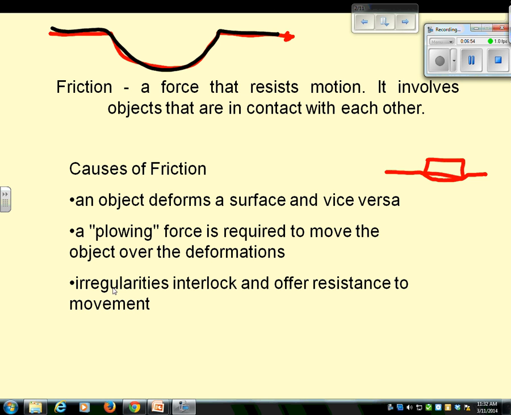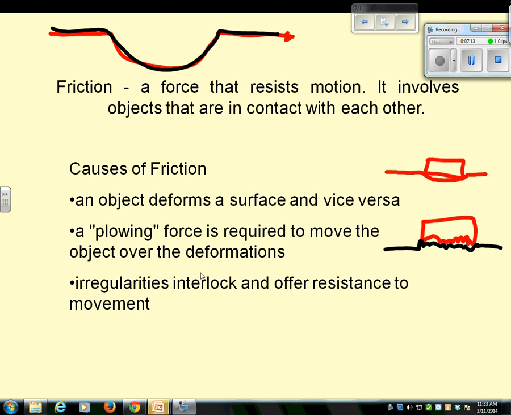All right. So the other theory about friction is that of irregularities. They think that the bottom of the book is actually kind of rough like this, right? And so is the tabletop. So they rub into each other and sort of lock together, like balancing.